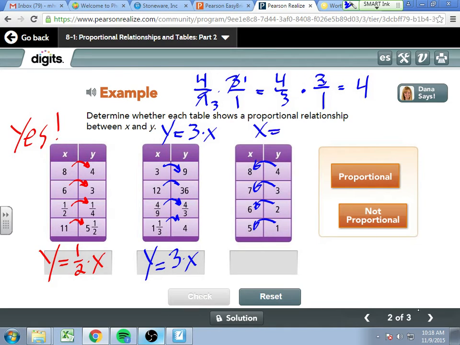That tells me x is y plus 4 or y is x minus 4, but that's not proportional because it has to be multiplied by something. So if you add or subtract something, it's not proportional. It has to be multiplied.